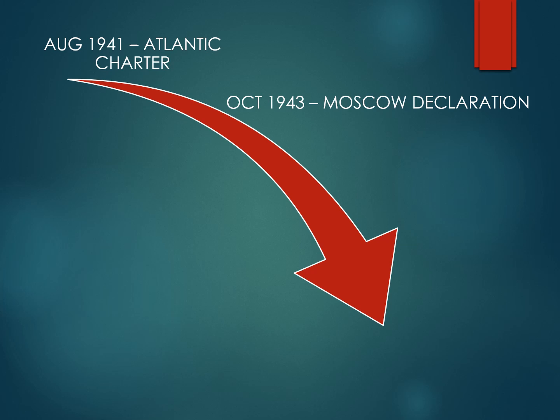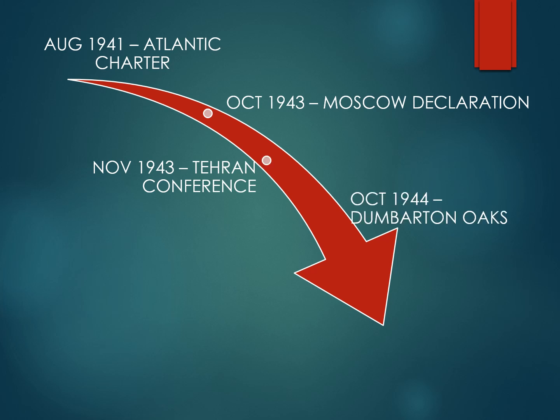They agreed to set up a new international organization after the war was over. At the Tehran conference, where the leaders of the big three met in November 1943, they further agreed to set up meetings in which they would decide what the structure of this new organization would be.